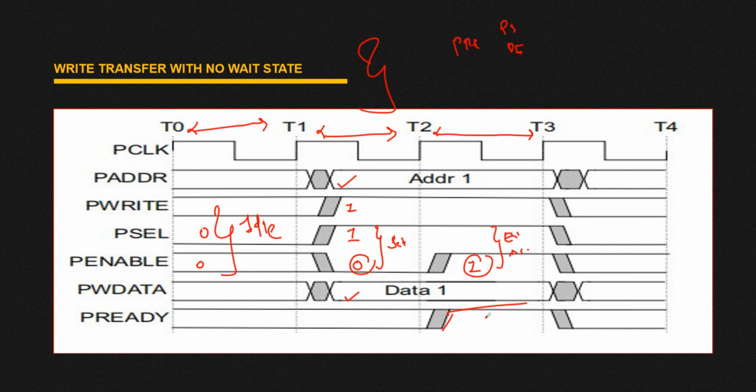That means your slave is ready to complete the transfer, so you can just send this data to your slave. Now on the next clock cycle, your data transfer is completed. Okay, so this is how your write transfer with no wait state looks.